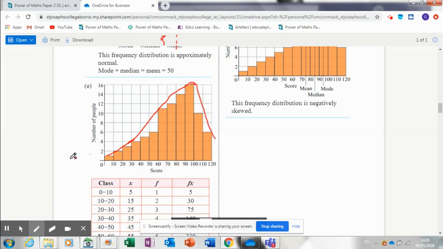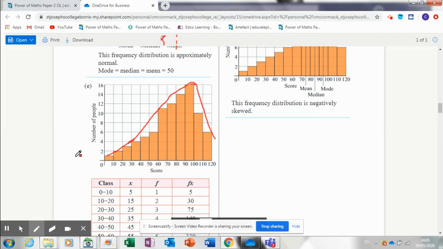So you can see that it's negatively skewed is what I'm trying to show you there, right? The tail is going back. Most of the values are over here, right? The lower values are here at the beginning, and then they get higher, right? So it's negatively skewed. The tail goes to the left.